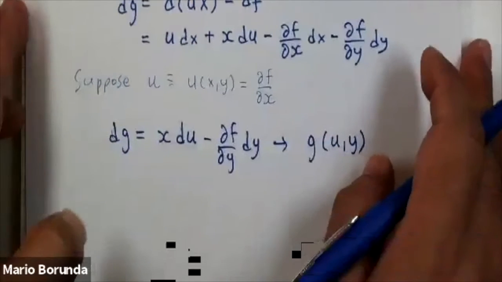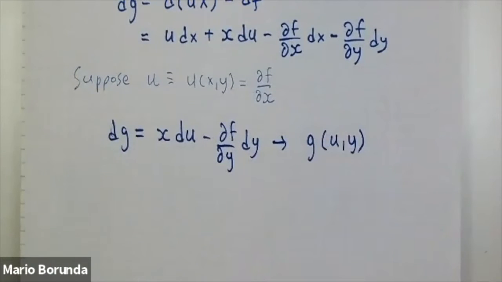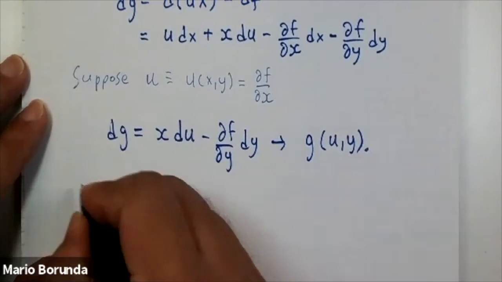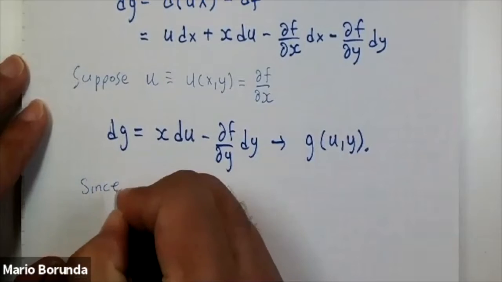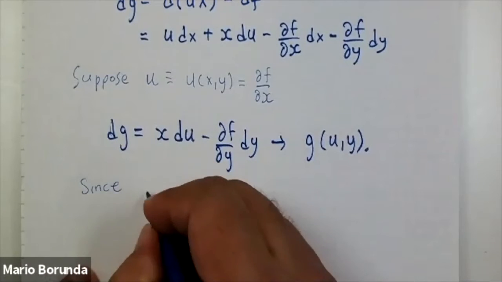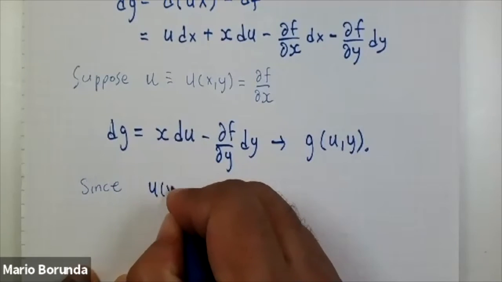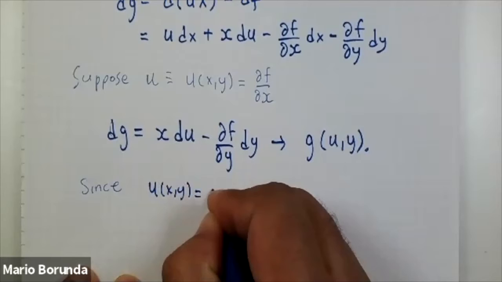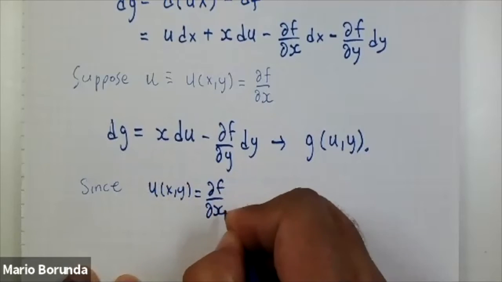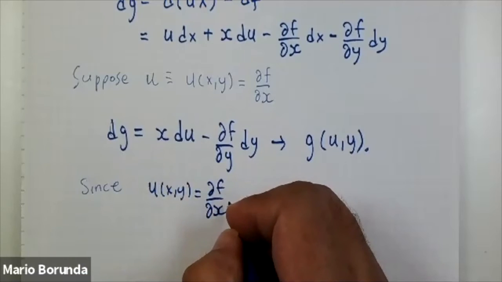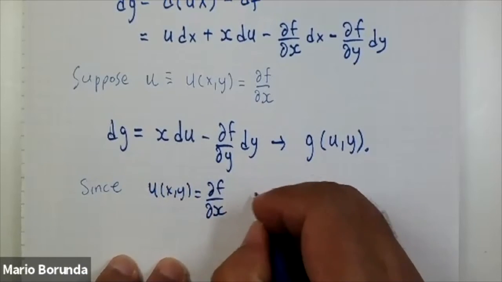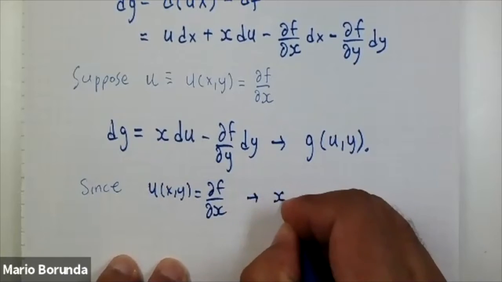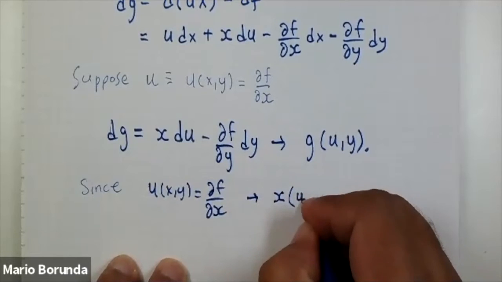So u of x and y is equal to the partial of f with respect to x. From here, I can write x as a function of u and y.